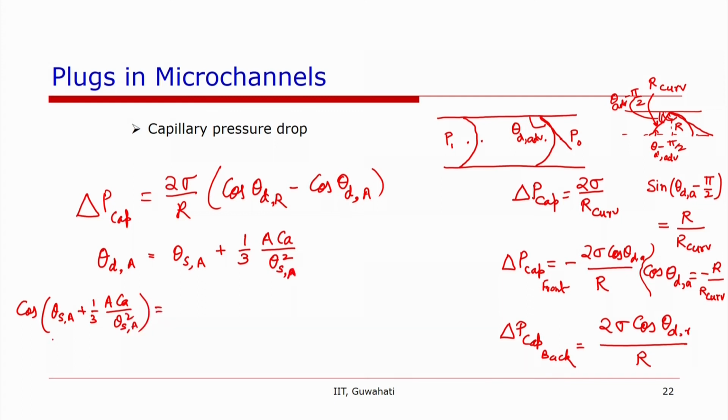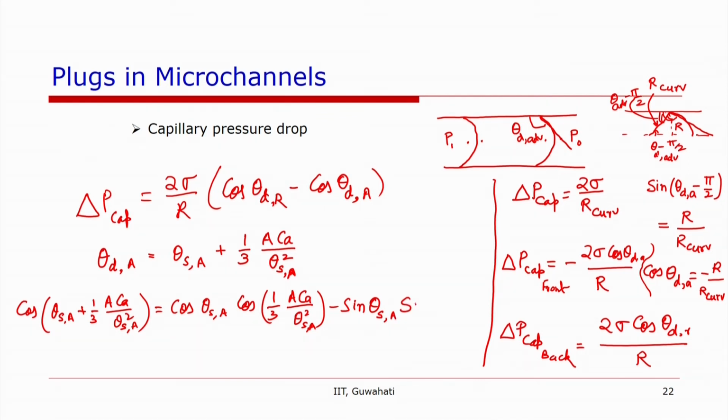So that will be cos of A plus B. So cos A cos B minus sin A sin B. So cos theta SA cos 1 by 3 ACA over theta SA squared minus sin theta SA into sin of 1 by 3 ACA over theta SA squared.